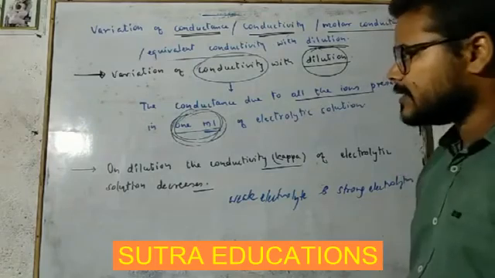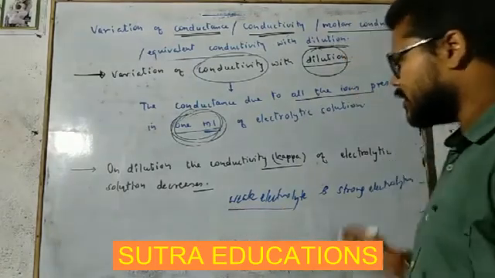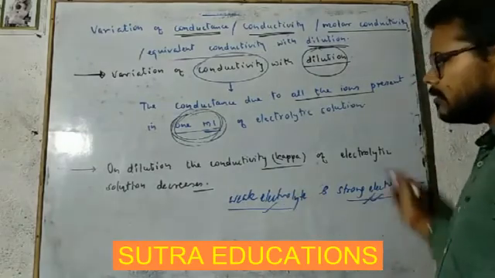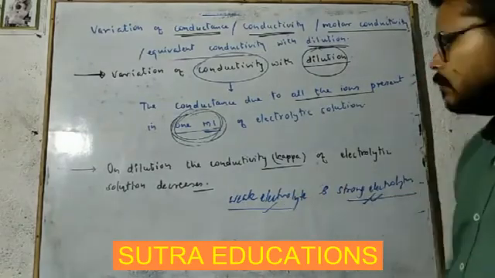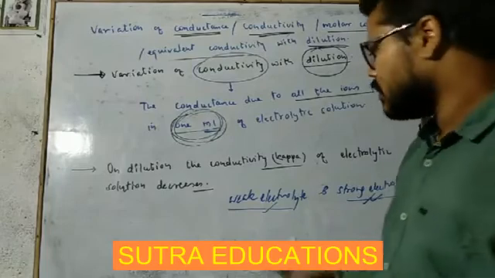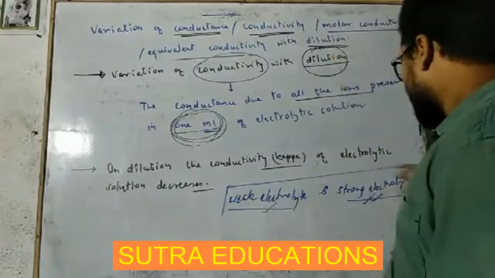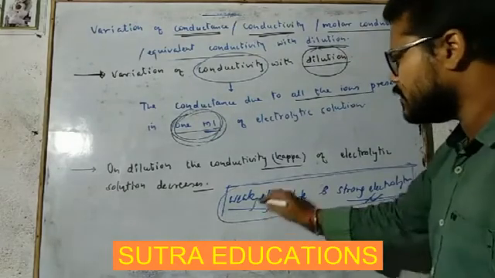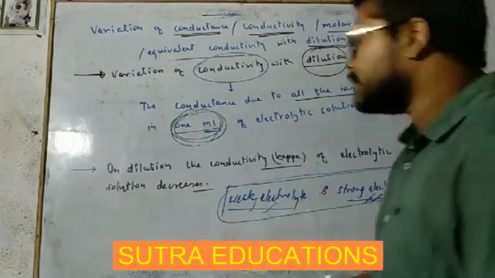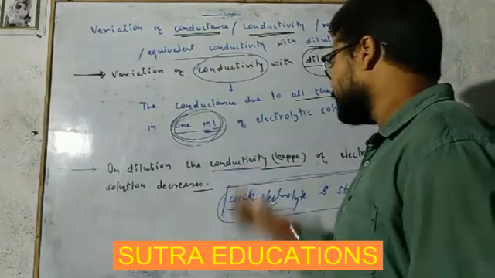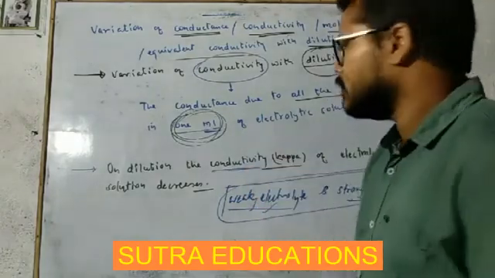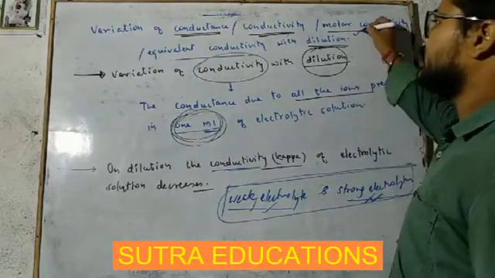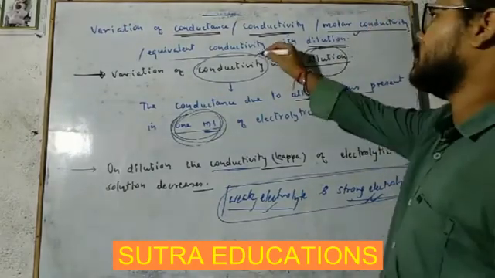In both cases, irrespective of weak electrolyte and strong electrolyte, if dilution is taking place, the conductivity will decrease. Now come to variation of molar conductivity and equivalent conductivity with dilution.